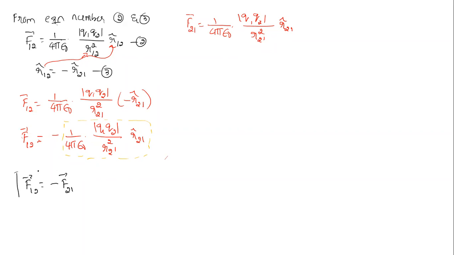So from this equation, we can understand Newton's third law. What does Newton's third law say? For every action, there is an equal and opposite reaction, right? So here, the force on the first charge due to the second charge is equal to the force on the second charge due to the first charge, but in opposite directions.